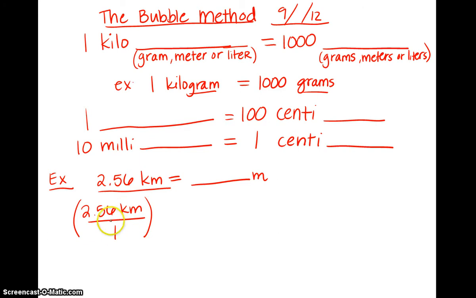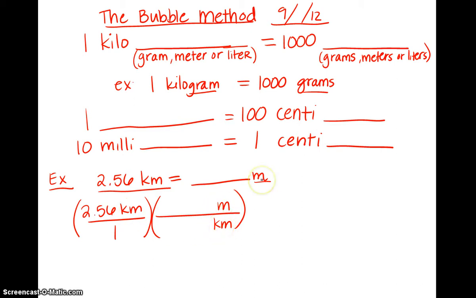All right, now the next step is to convert it to meters, okay? So here's what you do. Whatever units you want to go away, you put diagonal. So I want kilometers to go away. I put that diagonal, whatever you want, you stick it on top. Okay, so we're all set up here because kilometers are going to cancel out.